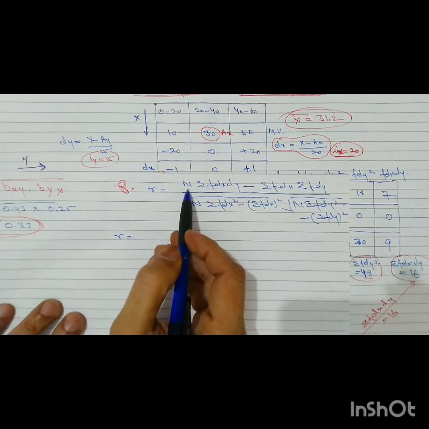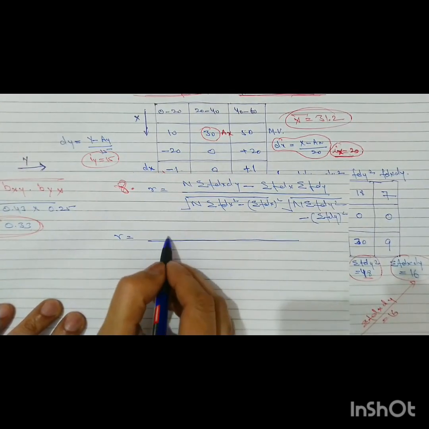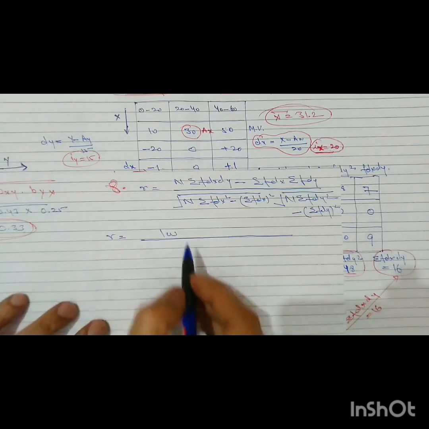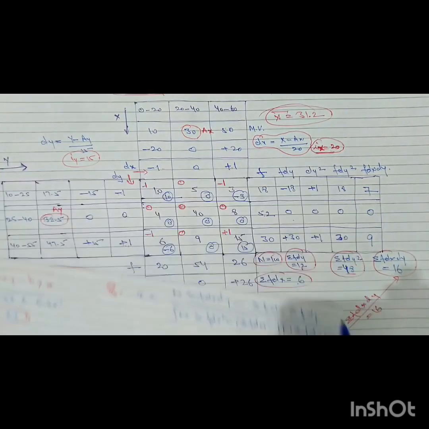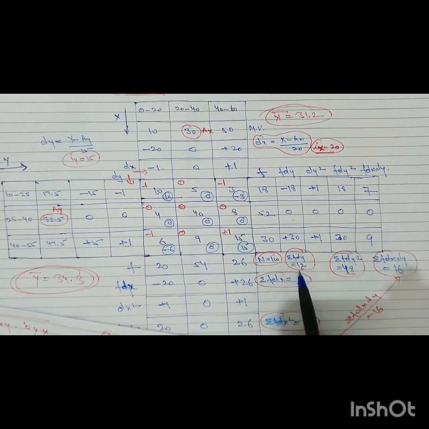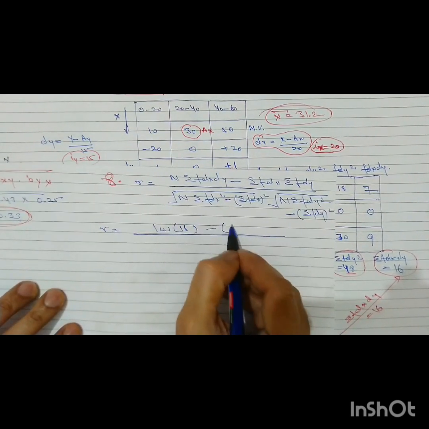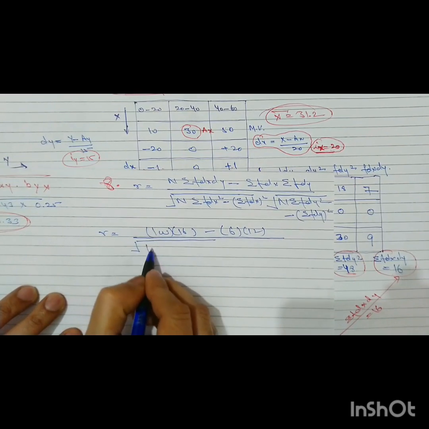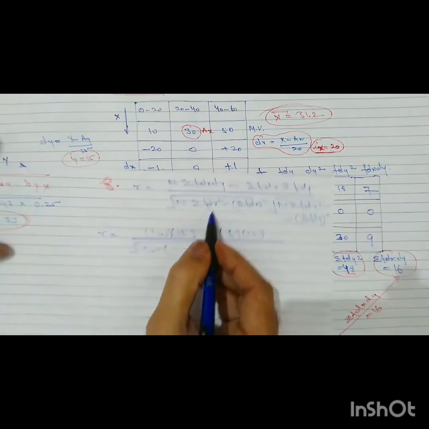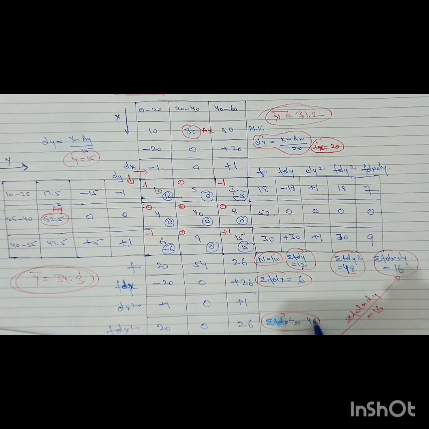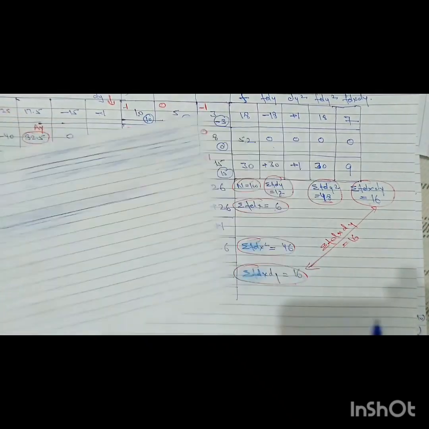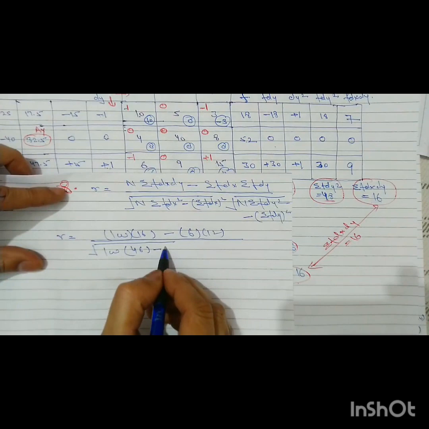Therefore r equals, n is 100, f dx dy is 16, minus f dx which is 6 and f dy which is 12, 6 into 12, over n which is 100, into summation f dx square which is 46, minus summation f dx, which is 6, so 6 square.